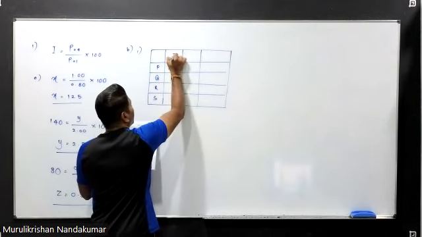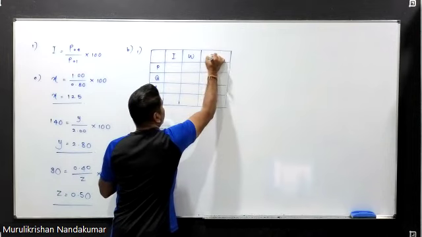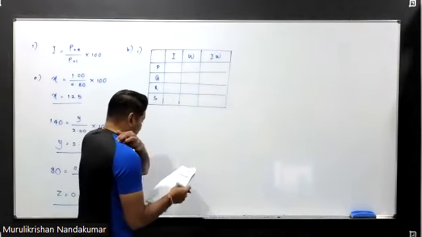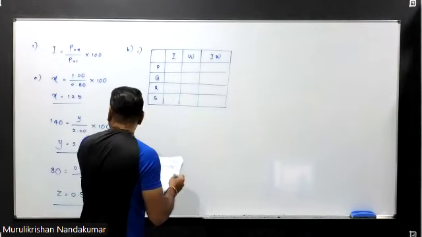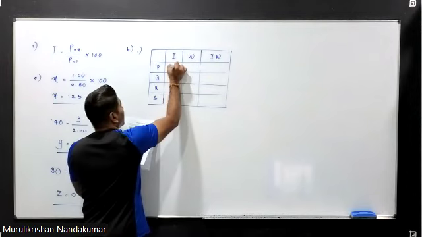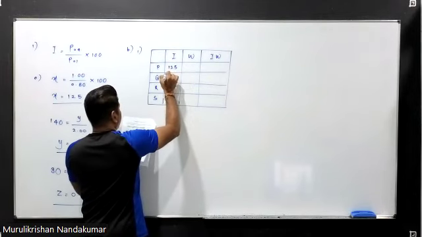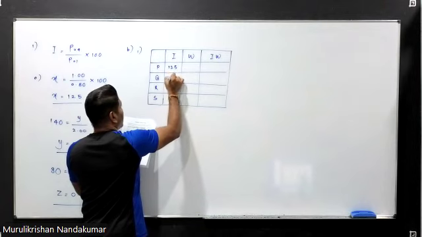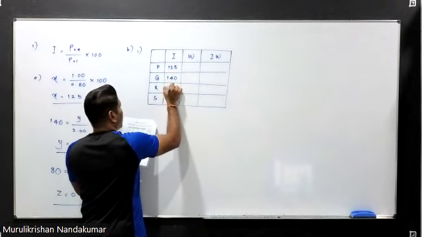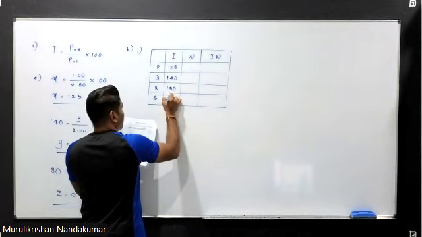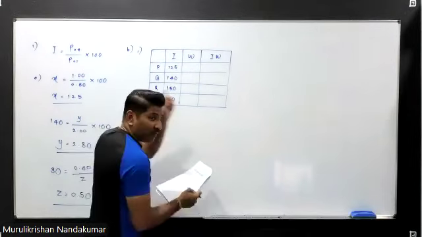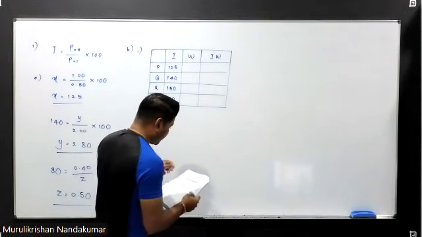The index and W, and this is IW. The indices are all there. What's your X? X is 125. Y is 140. This one is 150. This one is 80. Okay, the weightage refers to the pie chart.